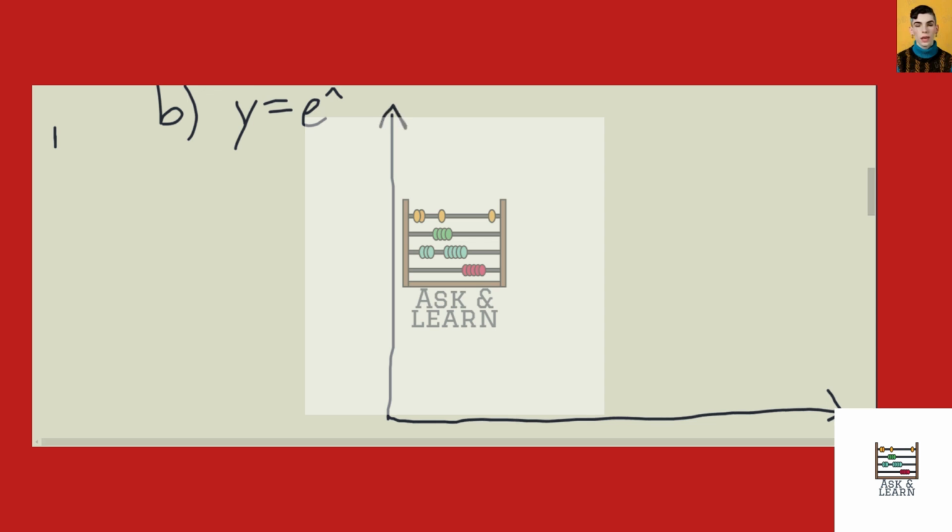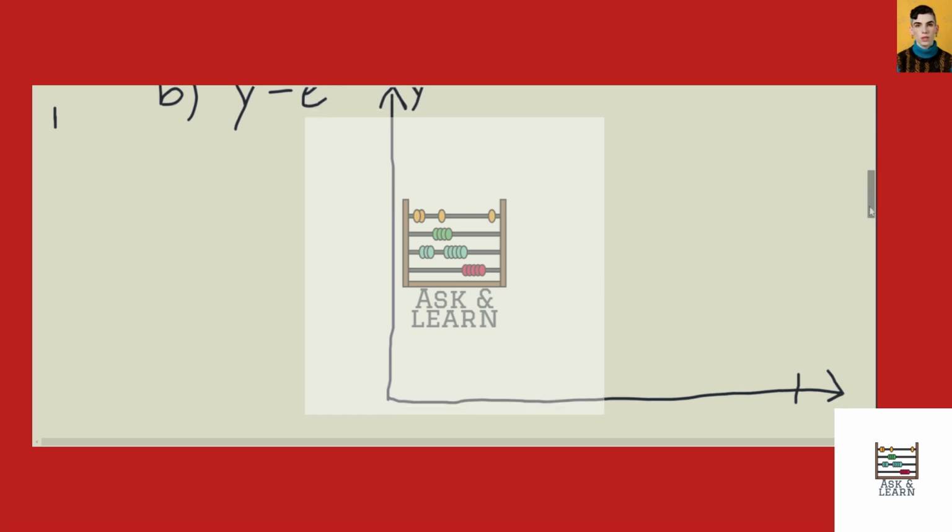Now we know this is all going to be in the first quadrant, so I'm only going to draw the first quadrant. And I'm going to make this as detailed as I can, because otherwise this isn't going to be very useful. So I'm going to make the largest value on the x-axis 0.4.